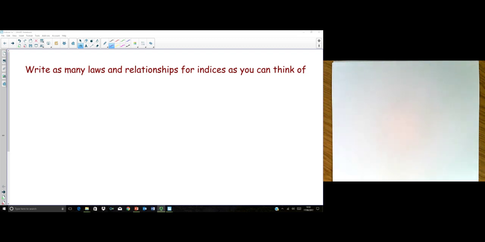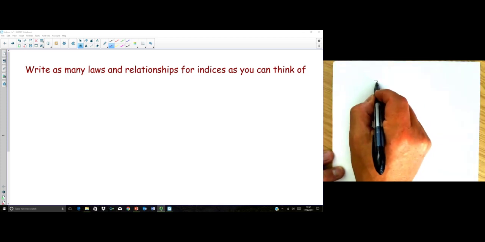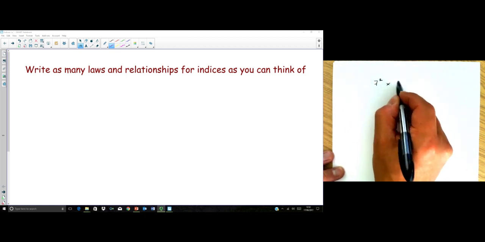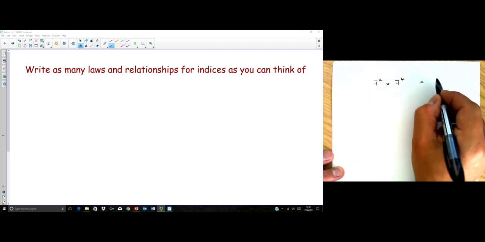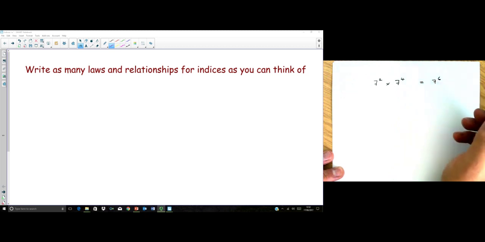Okay, so most of you, I hope, would have managed to get the three laws of indices that we start off with when we teach indices. They would be that if you have, say, 7 to the power 2, and you times that number by 7 to the power 4, then you add the indices. So that will become 7 to the power 6.